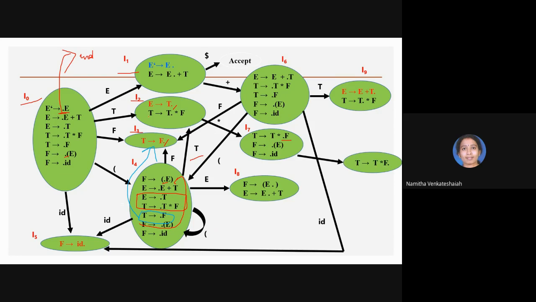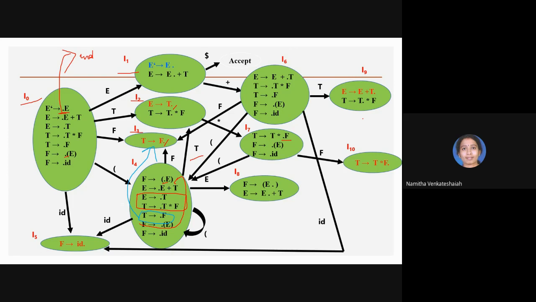Then here also, I should move this dot further. For that, what is the way? On F. Next is on closed brace. It will become dot E. That is there here.